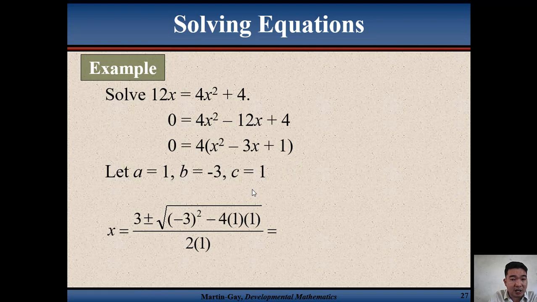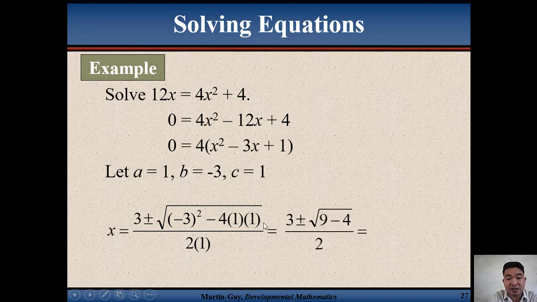Using the quadratic formula, we substitute the values. So we have negative B, so negative of negative 3 is equal to positive 3, plus or minus the square root of B squared, so you have negative 3 squared minus 4 times AC. Our A is 1, our C is 1, all over 2 times A, or 1.